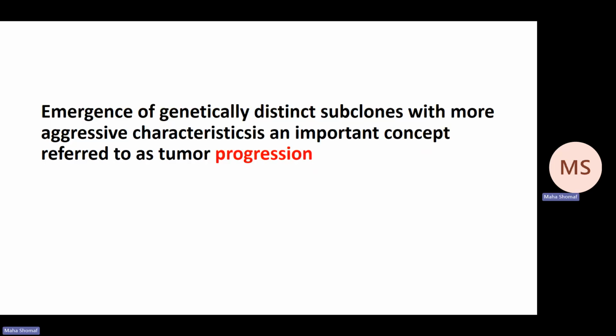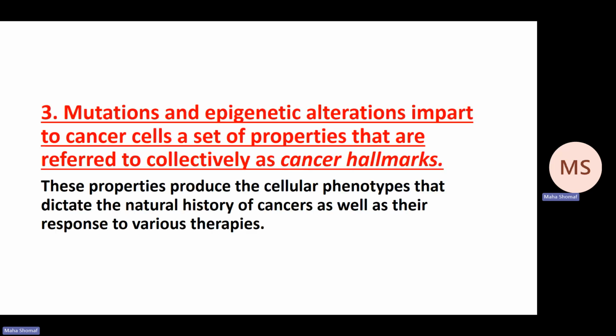Emergence of genetically distinct subclones with more aggressive characteristics is an important concept referred to as tumor progression, which is a feature seen in cancer cells.